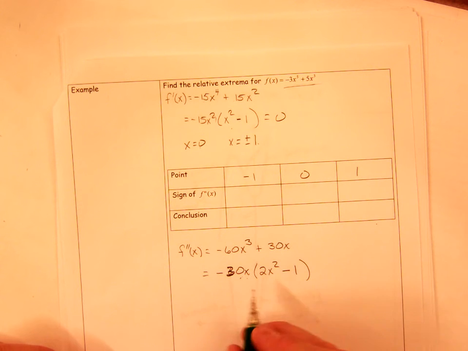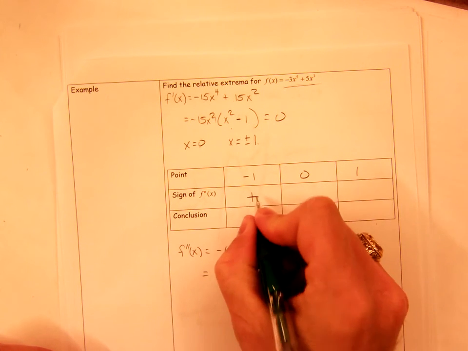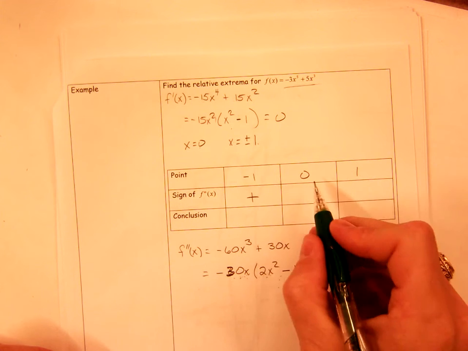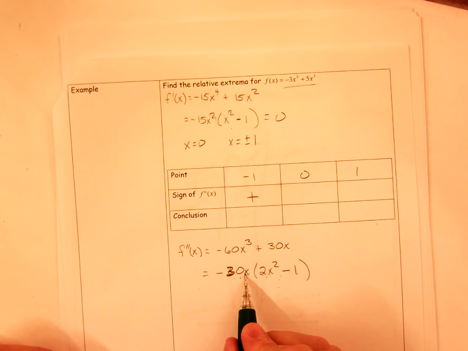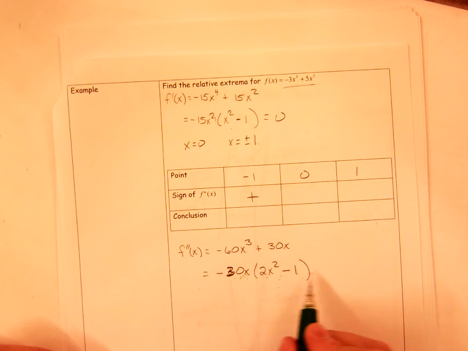All right, so we'll plug in a negative 1 first. That makes this out here positive, and then 2 minus 1 is what? 2 minus 1 is positive 1, so positive and positive makes it positive. Plugging in a 0, that's a 0 out here, and that's negative 1 in here.